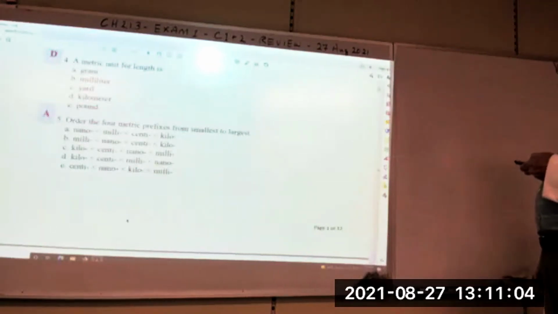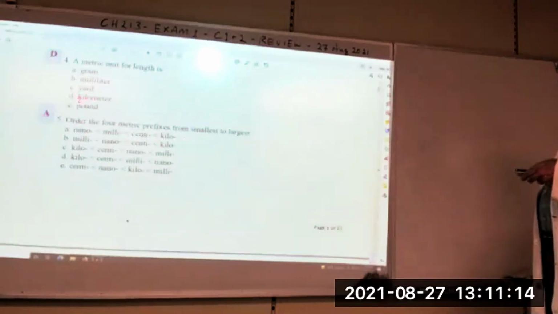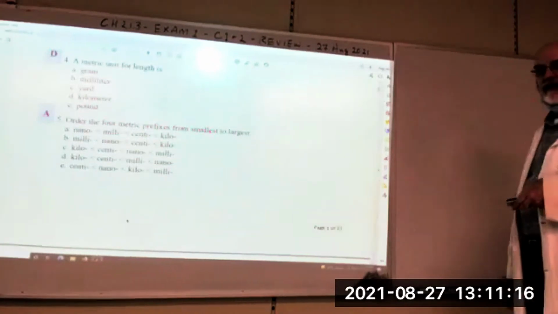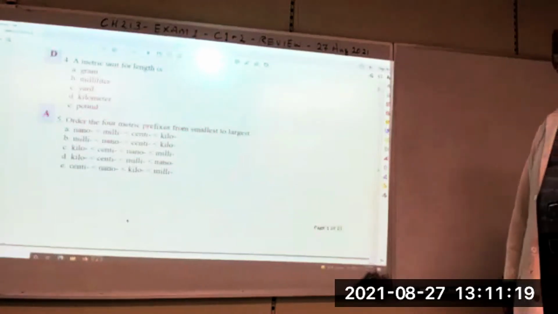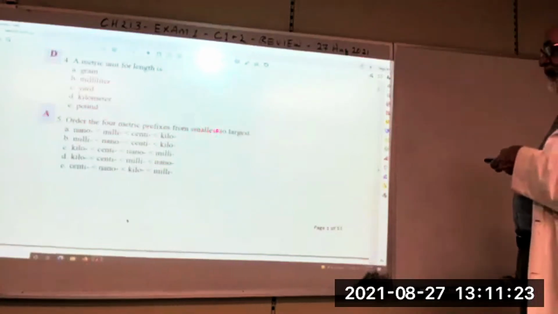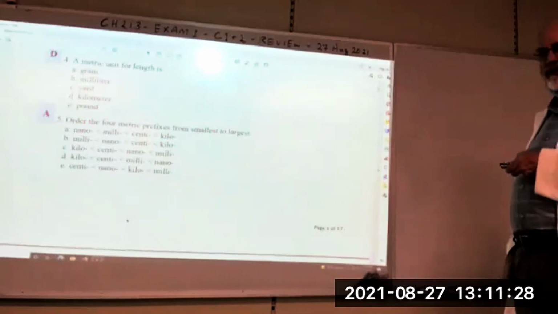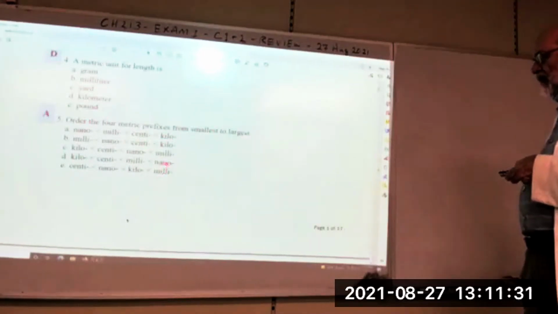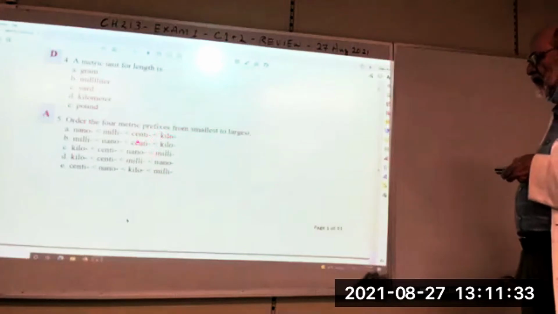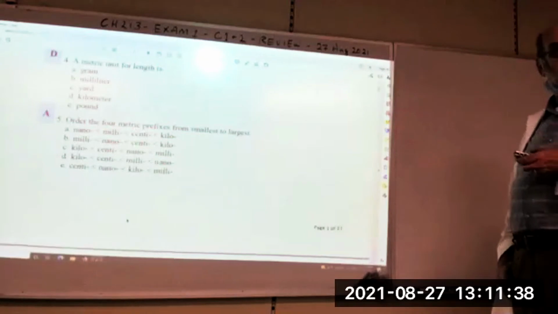How about these prefixes, order from smallest to largest? When I have an ordering question in a problem like this, I try to nail down the ends first. What's the smallest and what's the largest in this case? The smallest of these looks like it's a nano, and the largest would probably be a kilo. Yeah, there's kilo. So nano on one end and kilo on the other end are your possibilities.